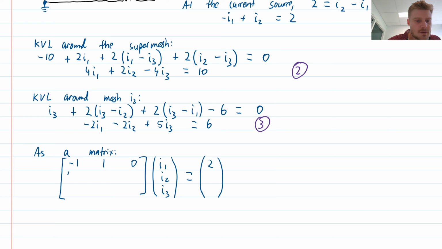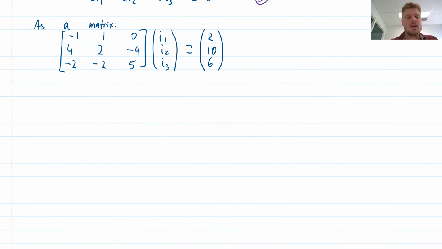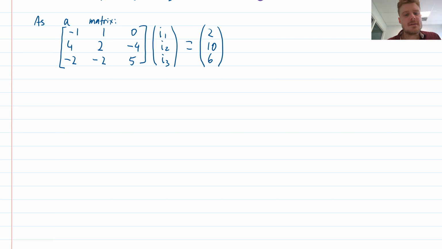Looking at equation 2, my coefficients are 4, 2, minus 4, and 10. And then for my last equation, they are minus 2, minus 2, 5, and 6.